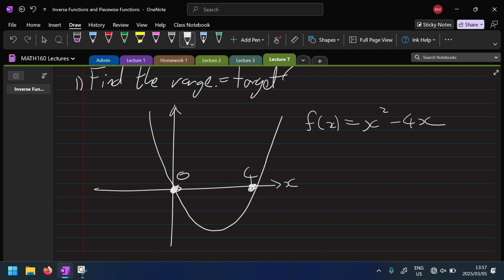The range is going to be the turning point up to infinity. Right? You just look at the picture. The graph is from the turning point up to infinity. So again, turning points, let's just do that on the side there. Turning points up to infinity. So what's the turning point? -2, yeah.